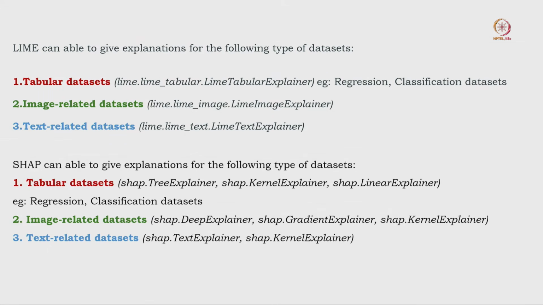If you are using images, we use the LIME image explainer, if you are using tabular data you can use the LIME tabular explainer, and the LIME text explainer if you are working on text. In a similar way, SHAP has its own functions for tabular data, for images, and for text.